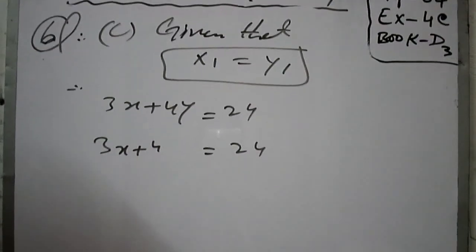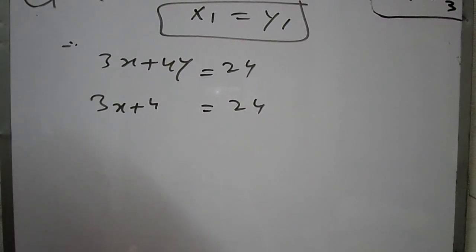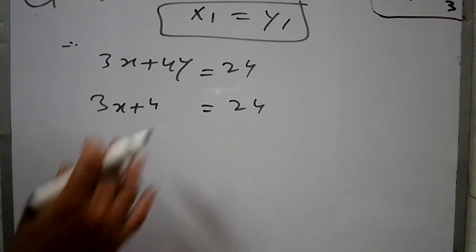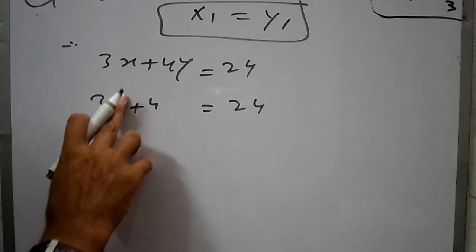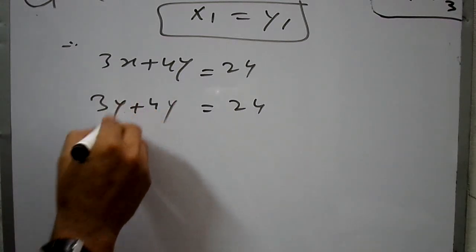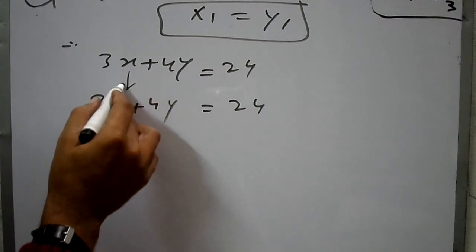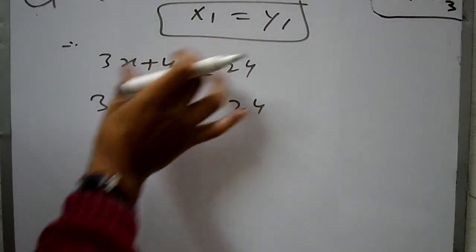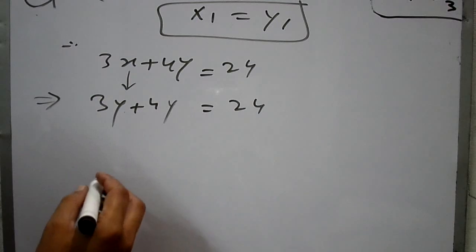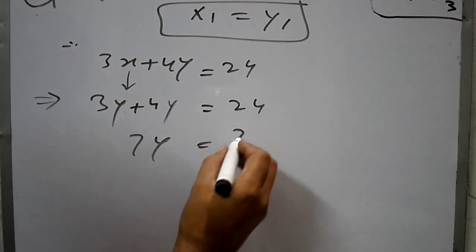Both are equal, so we can use x as y. So 7y is equal to 24.